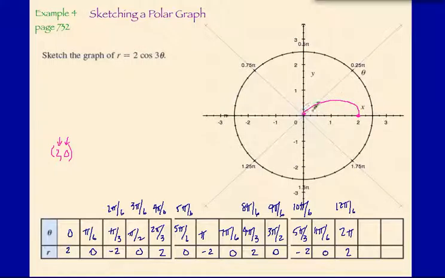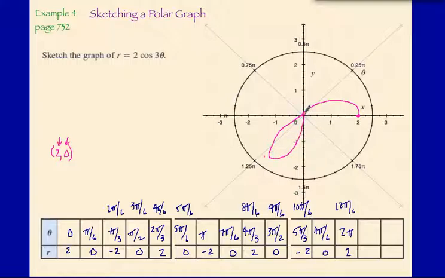Then the next point that we're doing is pi over 3, negative 2. Well, negative 2 is in the opposite direction, but remember, pi over 3 is about a 60-degree angle. So let's imagine this line coming through, and that means that we're going to hit the 2 about right here. Then at pi over 2, we head back to 0, like this.